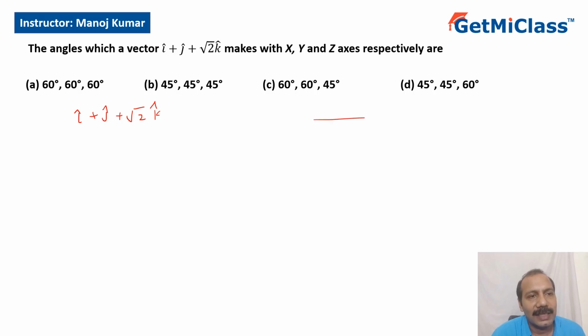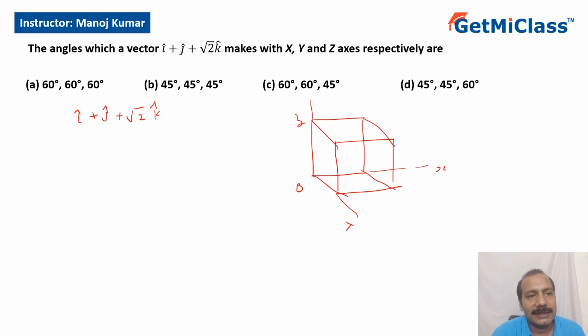Now let's say I take this x, y, z and try to understand how they look in 3 dimensions. I'll take one of them as x-axis. Let's say I take this as the horizon. Let's say this is x and this is y and this is z.